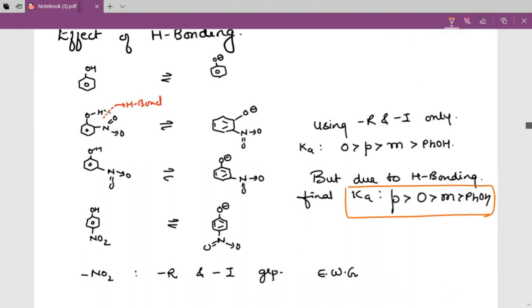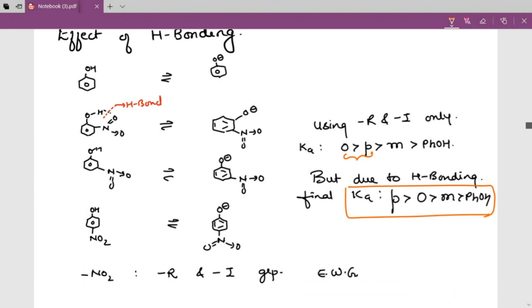Remember, H bonding has certainly decreased the K of our acid, but the overall decrement will be only between para and ortho. The decrease in my forward equilibrium due to this intramolecular H bonding will never dominate over the stabilizing phenomena that NO2 brings from ortho and para positions.